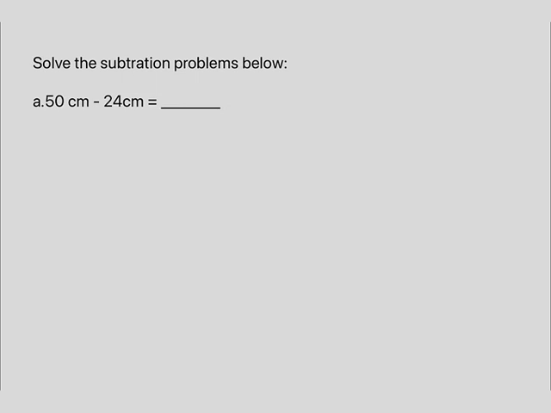If the mental math is difficult, let us do the same problem using the standard algorithm. 50 centimeters minus 24 centimeters. Let us unbundle 1 ten because 0 is a smaller number than 4.